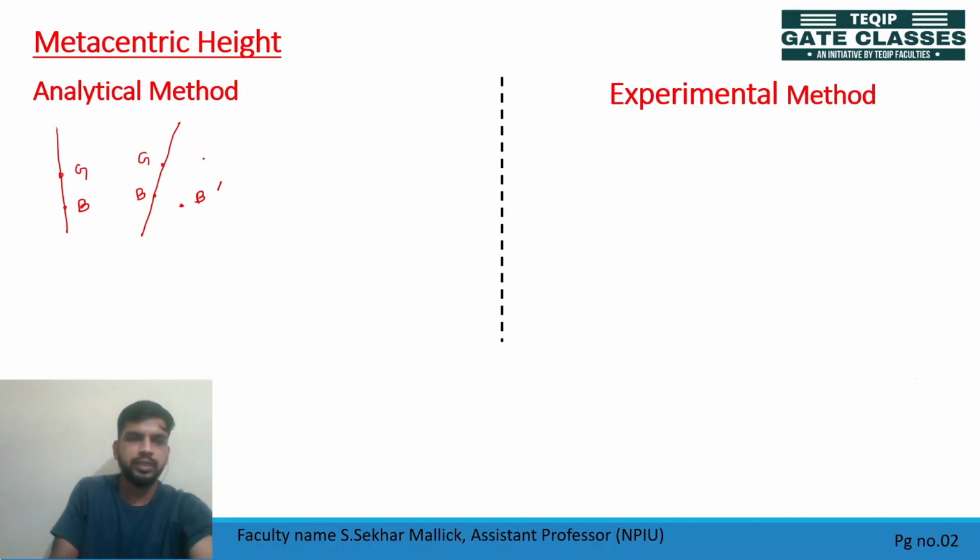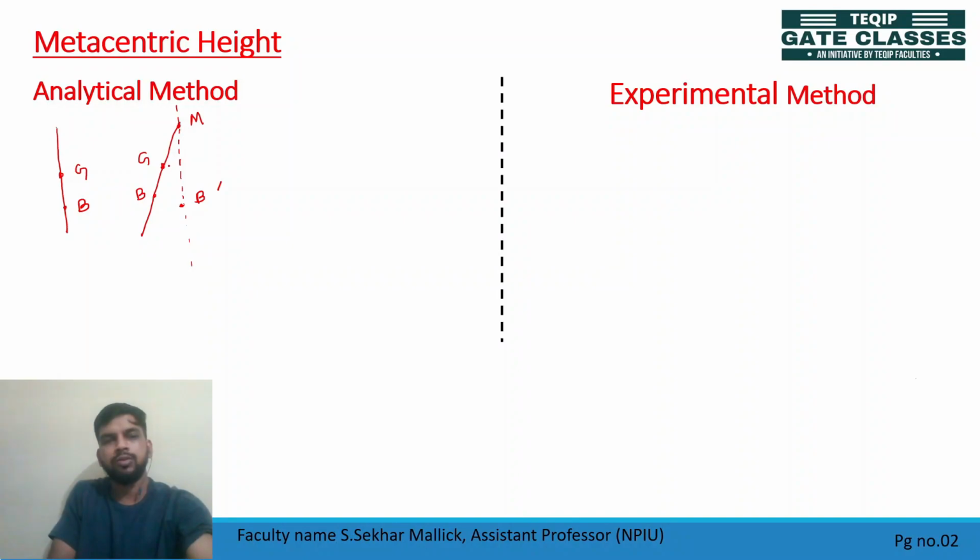If I produce this line from B dash, it will intersect at some point, and this point of intersection is your metacenter. Now tell me, is this body in stable or unstable equilibrium? GM, M is above G, so GM is greater than 0, that means it is positive.